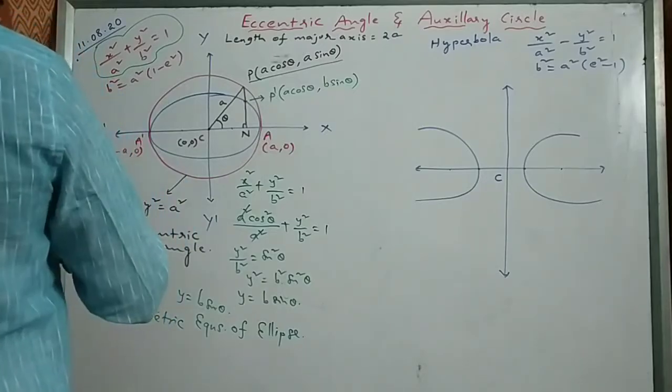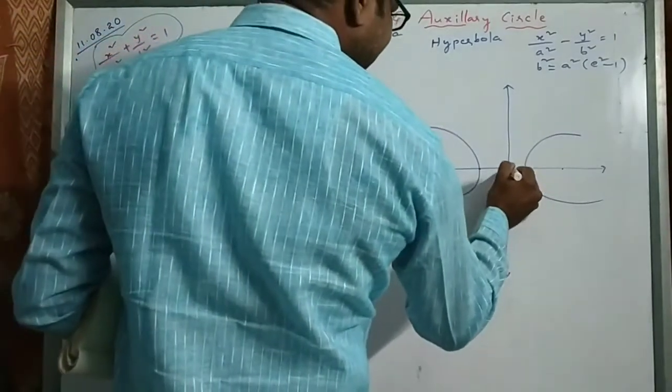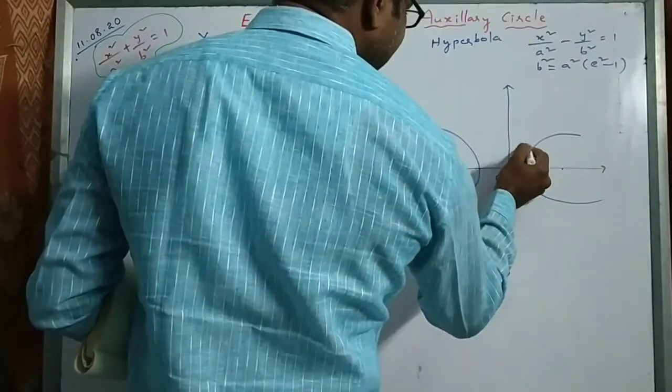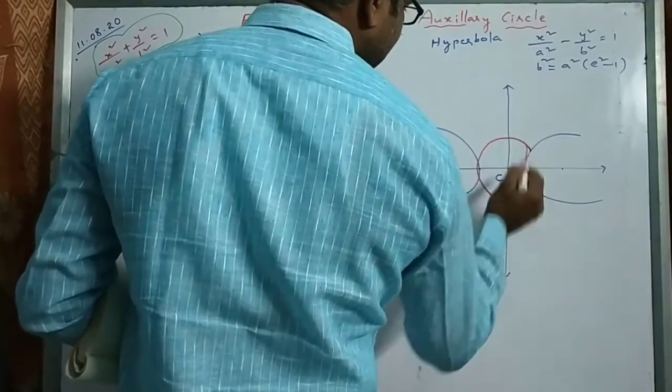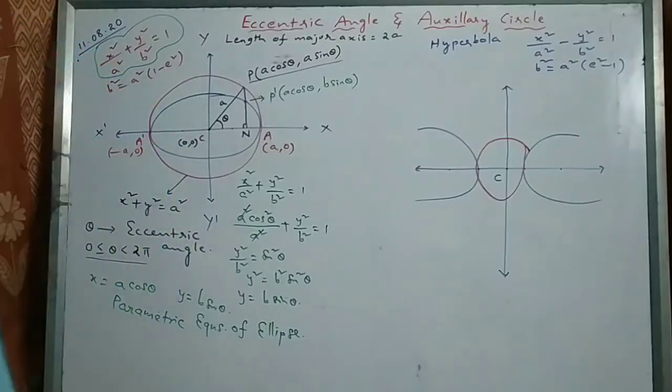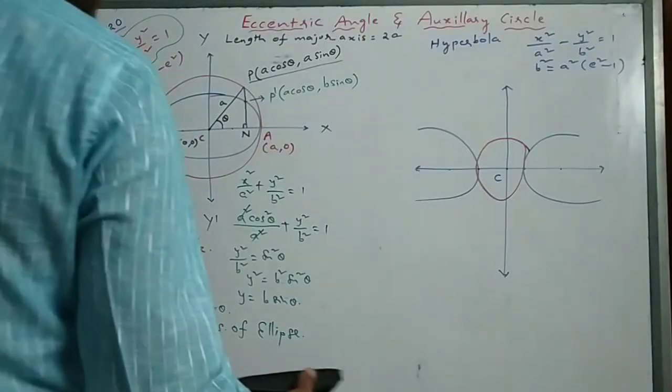So I am going to draw a circle with the center again, touching this. This is called auxiliary circle.